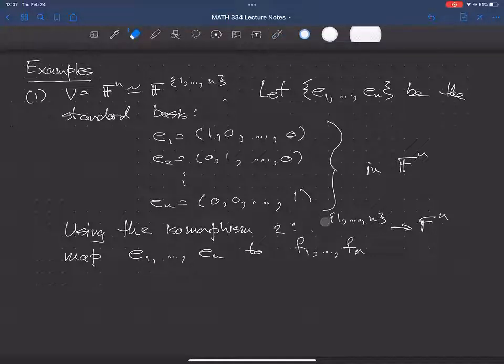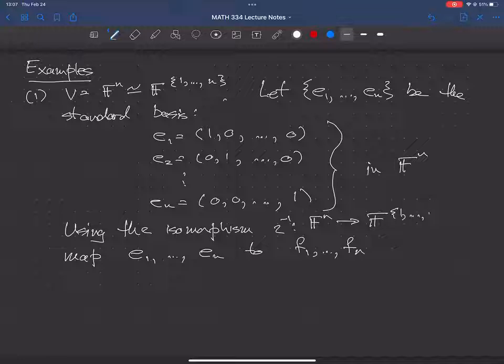So let me, sorry, let me go the other way. Iota went that way. The thing I'm actually interested in here is the inverse. So it maps the standard basis to elements of this vector space.